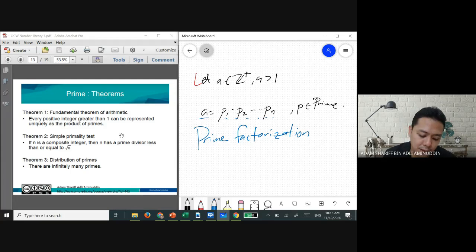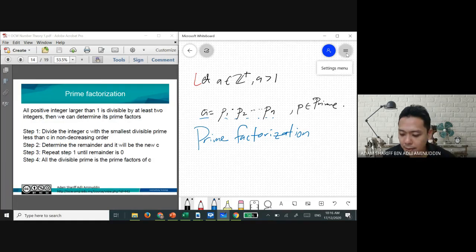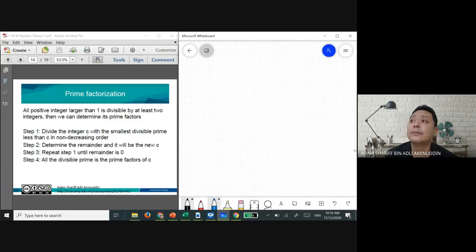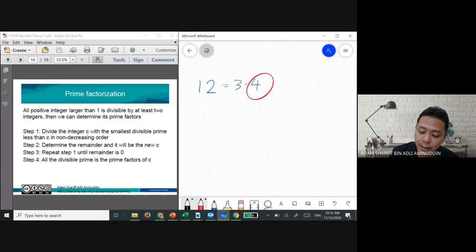Contoh, kalau kita ambil 12. 12 can be factorized into 3 times 4. But this is not a complete prime factorization because 4 is not prime. It does not establish the fact of the theorem 1.